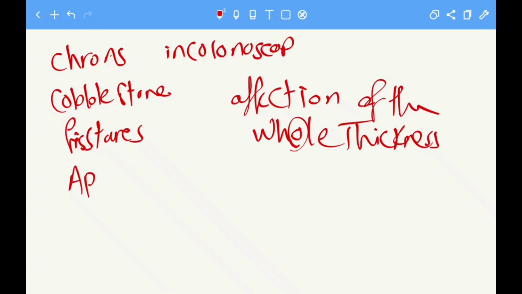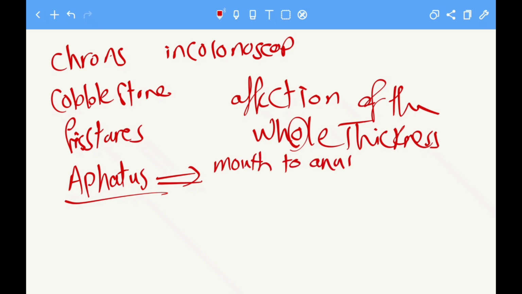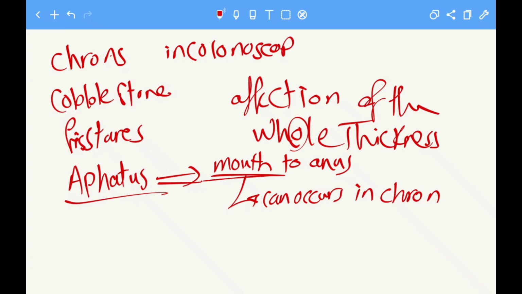Aphthous ulcer: we said that Crohn's disease affects the whole GIT, from the mouth to the anus. So aphthous ulcer in the mouth can occur in Crohn's disease.